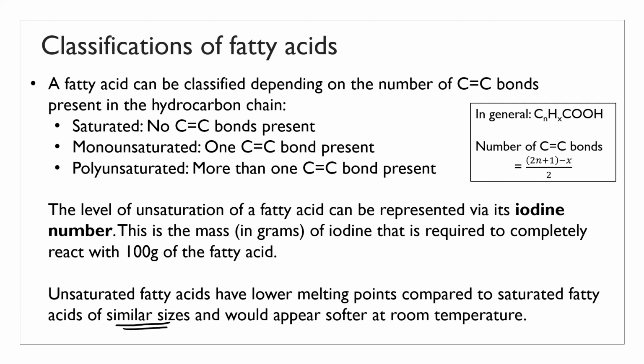I can't really compare if they have different sizes, but with similar sizes, by which I mean number of carbon atoms present, they will have lower melting points. So the unsaturated version would generally have a lower melting point and would appear softer at room temperature.